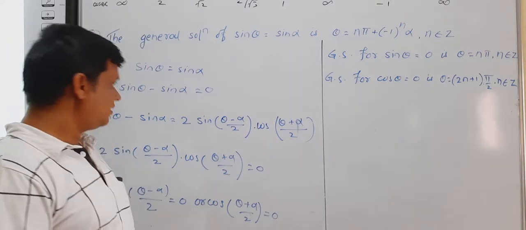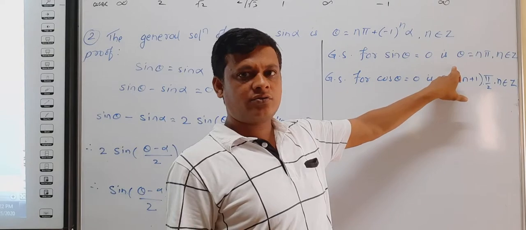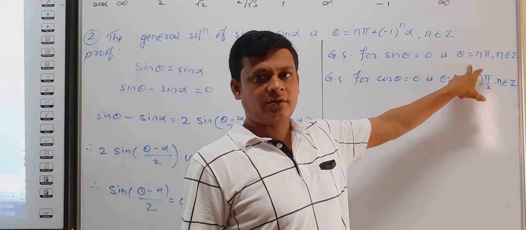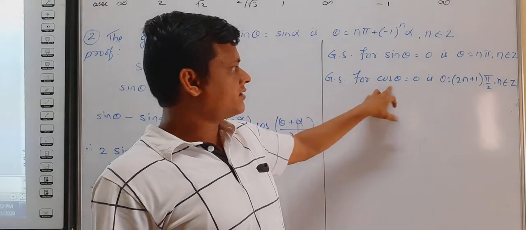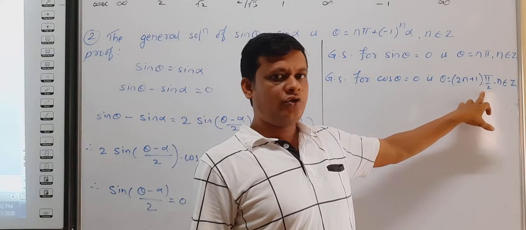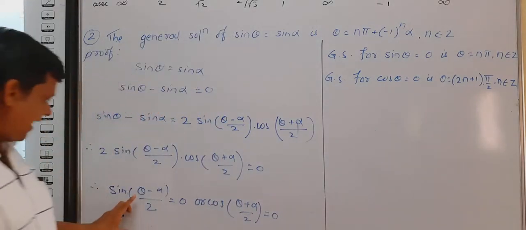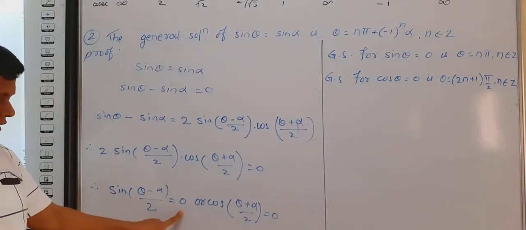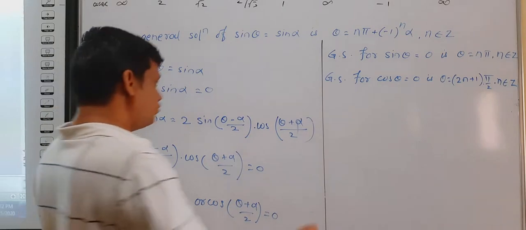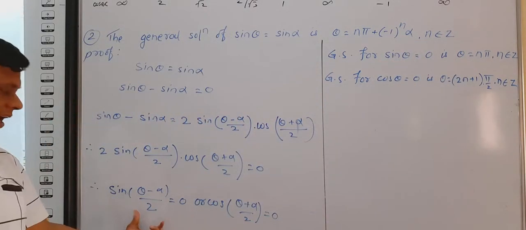We know that the general solution for sin theta equals 0 is theta equals n pi, n belongs to Z, and for cos theta equals 0, theta equals (2n plus 1) into pi by 2, n belongs to Z. So for sin of (theta minus alpha) upon 2 equals 0, in place of theta we have to write this bracket.